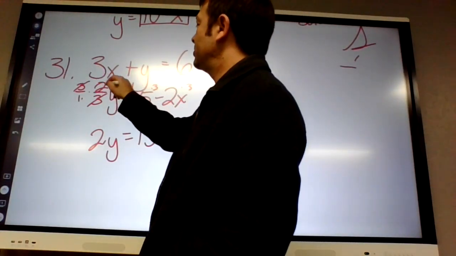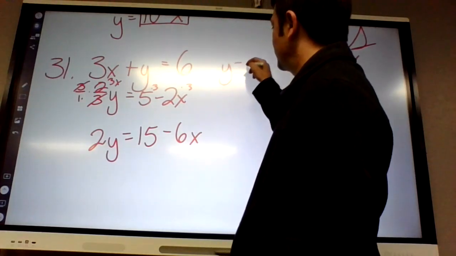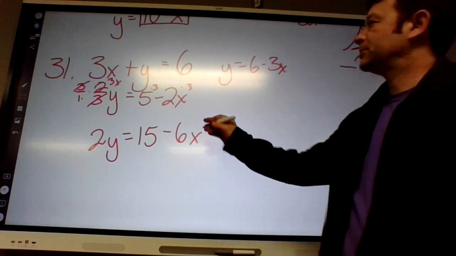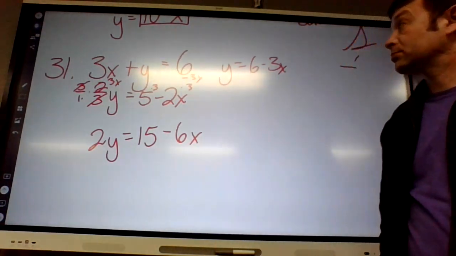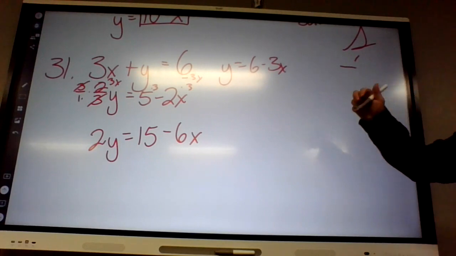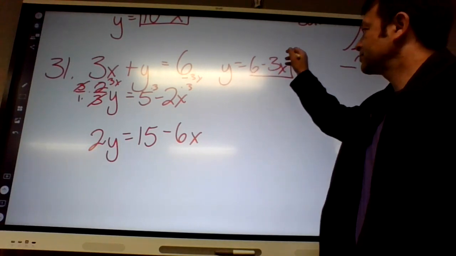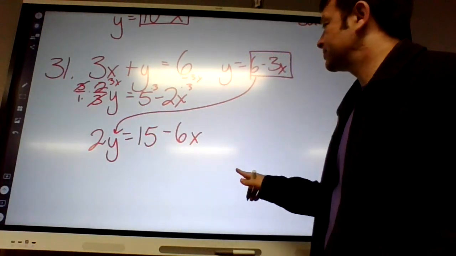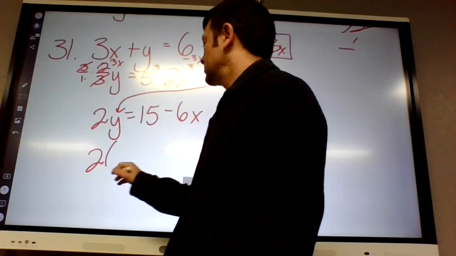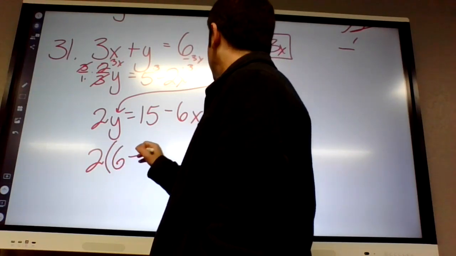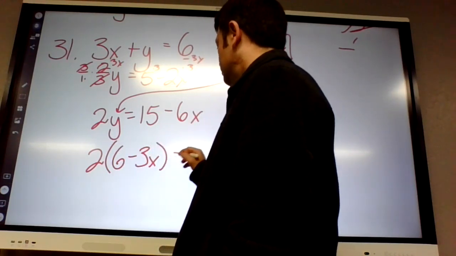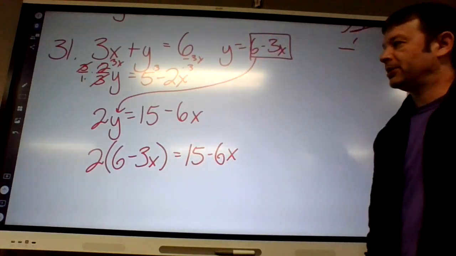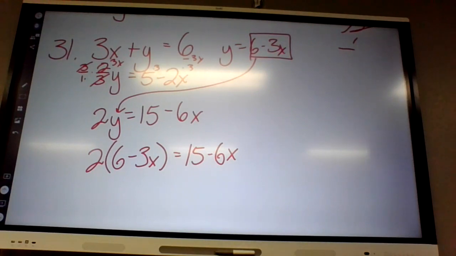So this would be y equals 6 minus 3x. Now we have a substitution line, so we can replace y with that. There's a lot of ways we could have done this problem. We could have kept the 2/3 in there and it would have worked out okay. I don't like fractions. Fractions suck.